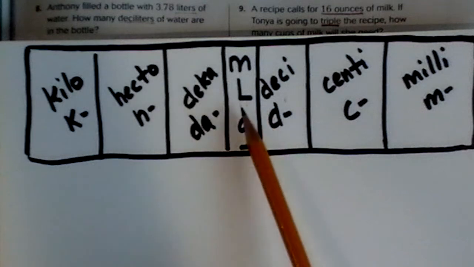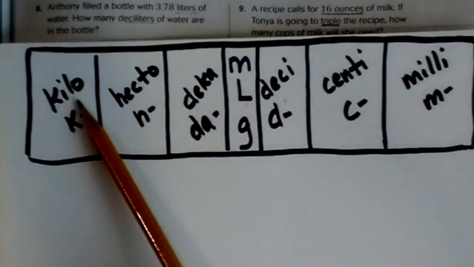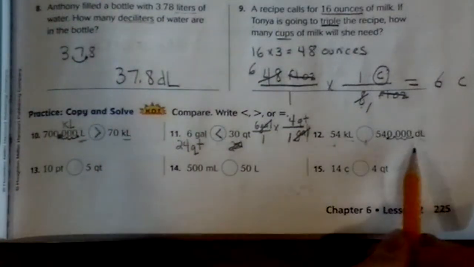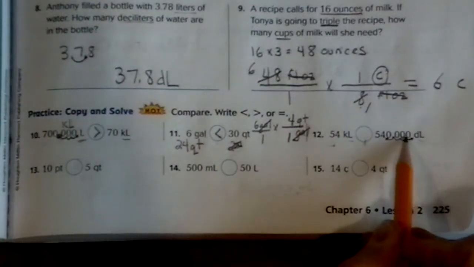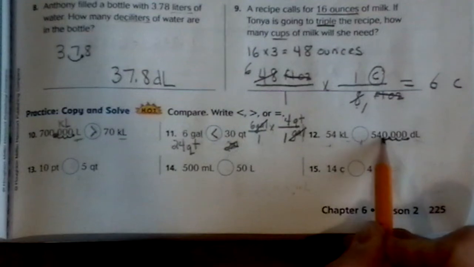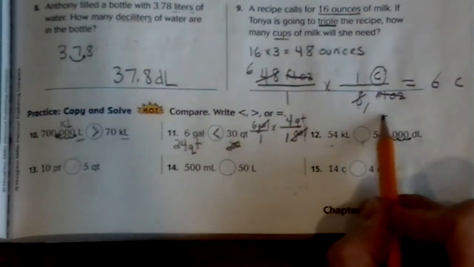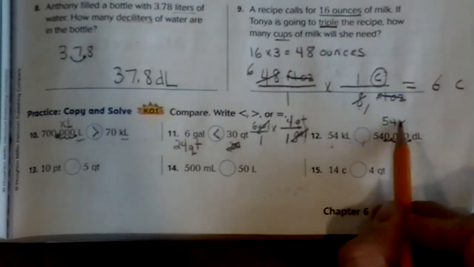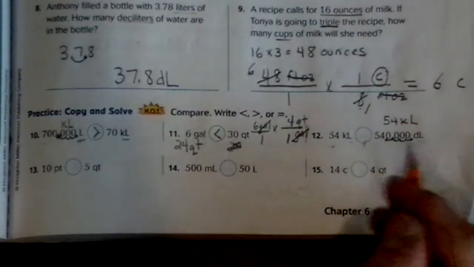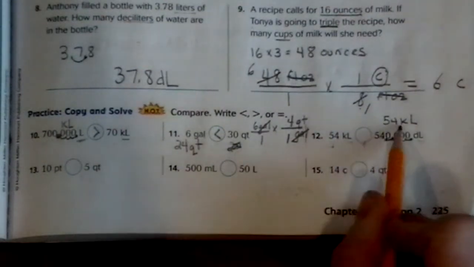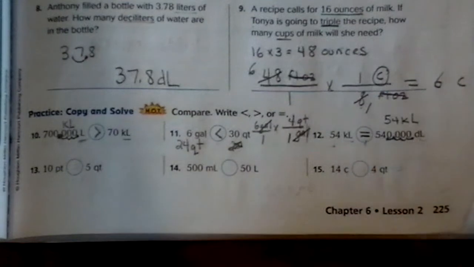So I need to go 1, 2, 3, 4 places to the left. Let's take a look at my deciliters here. Here's my decimal point. 1, 2, 3, 4. That's going to leave me with 54 kiloliters. And so therefore, 54 kiloliters is going to be equal to. They're the same amount.